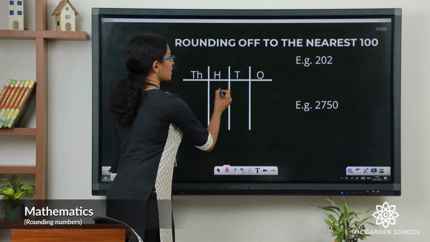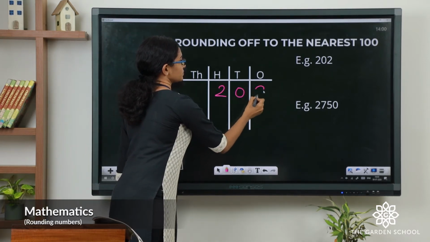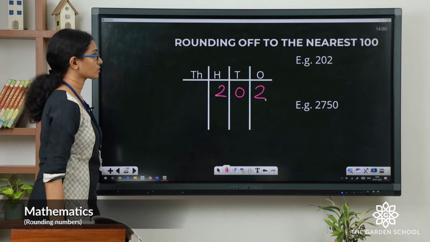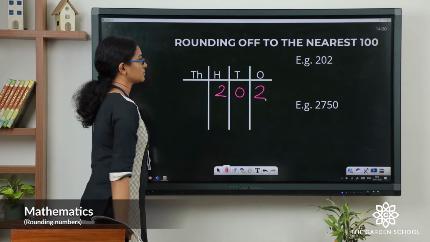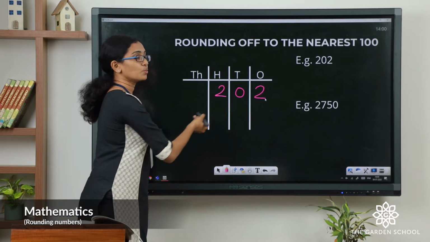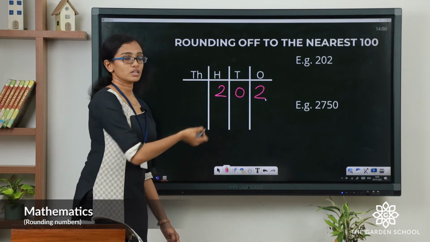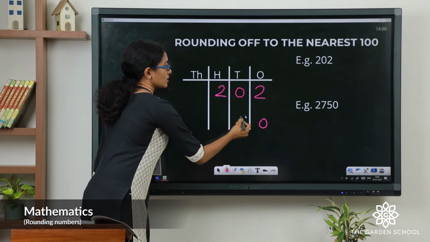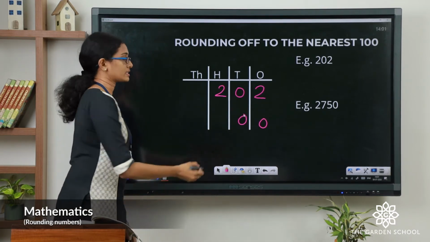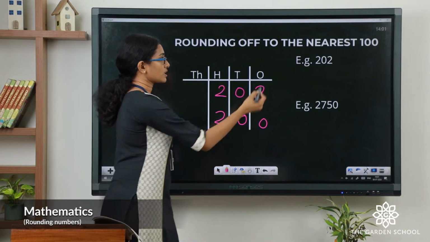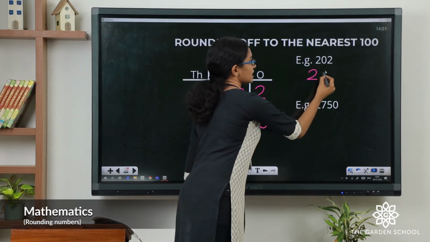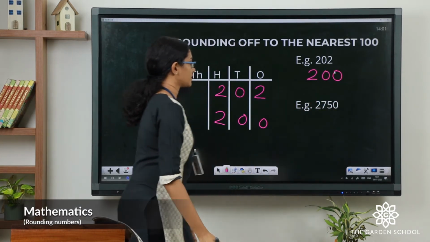Look at this number 202. Here, the digit in the tens place is 0, which is less than 5. So, these two digits will become zeros and the hundreds digit will remain the same. So, 202 rounded off to the nearest 100 will give you 200.